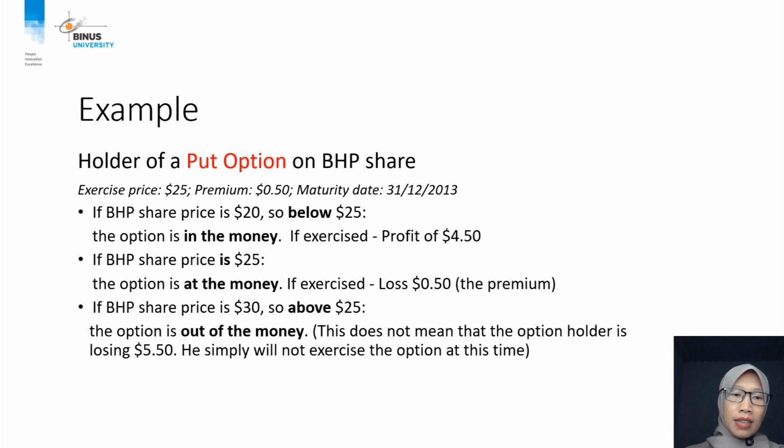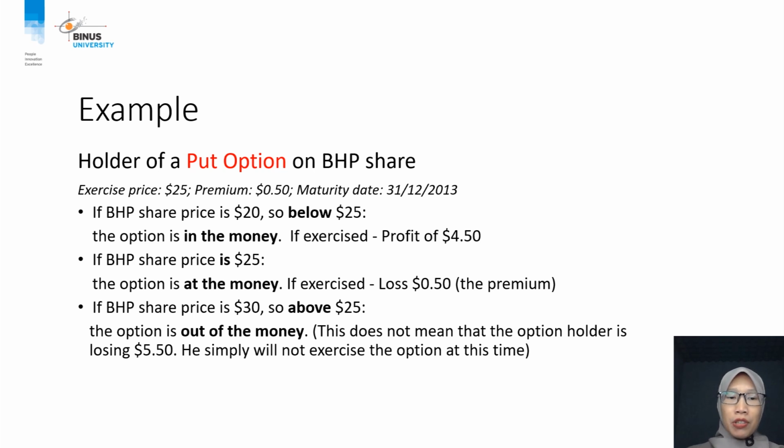And this is an example of put options. If you are a holder of a put option on BHP share, let's say the exercise price is 25 and the premium is 0.50. If the BHP share price is $20, so it's below 25, the option is in the money because the current share price is less than the exercise price. So you have a profit of $5 and you have to pay the premium of 0.50, so your net profit is $4.50.